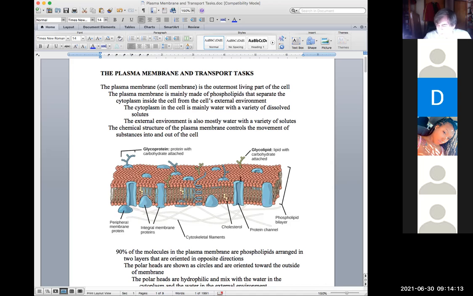Now, some of the proteins that are ID tags are specialized. You can see that some of these proteins, there's one up here at the top that we can see pretty clearly, that has a branch of little blobs coming off of it. These little blobs are carbohydrates.